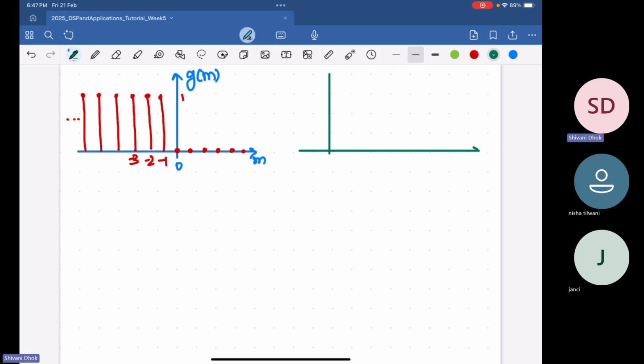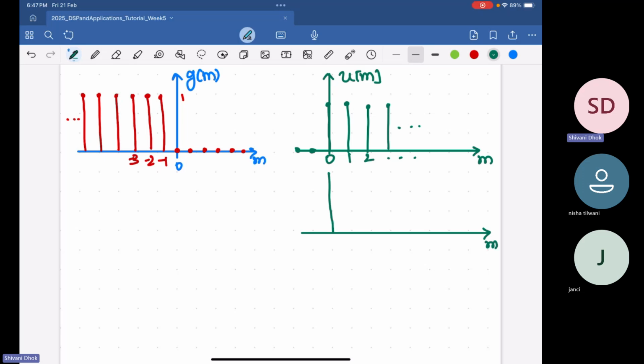So this is our unit step function, this is m, u of m, 0, 1, 2, and so on. So it is 1 here, and it is 0 for all the negative values. Now let us look at u of minus m. So it will be 1 for 0 and all the negative values, but it will be 0 for all the positive values.